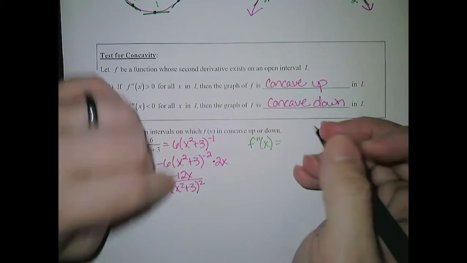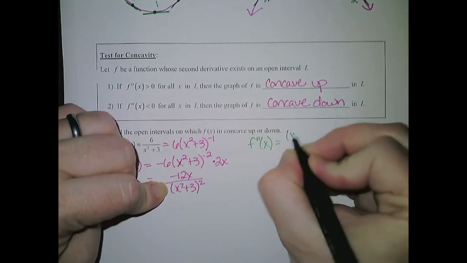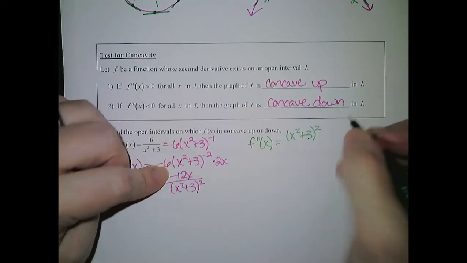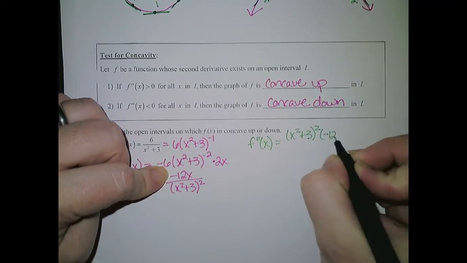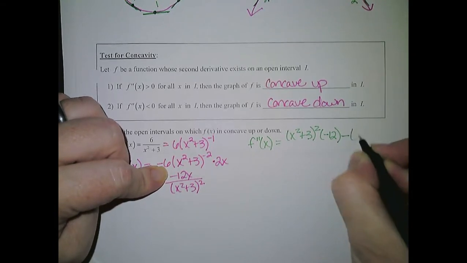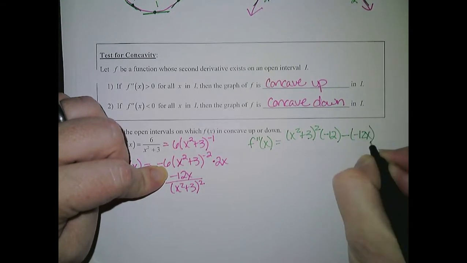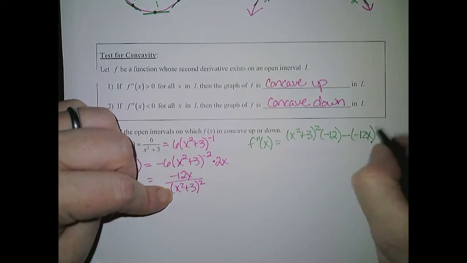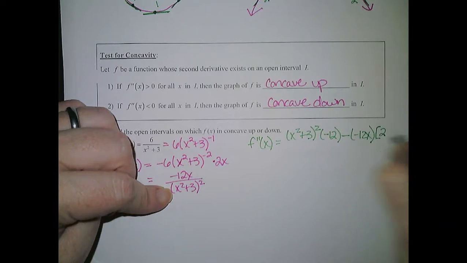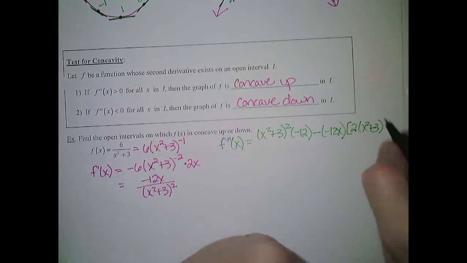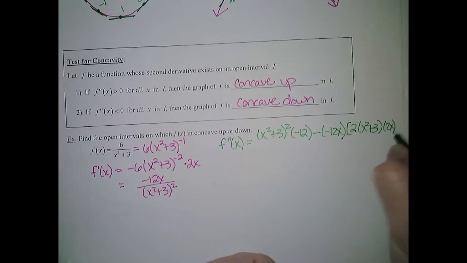So the derivative is going to be low, the bottom, (x squared plus 3) squared, times the derivative of the top, which is negative 12. So low d high, minus high, negative 12x, times the derivative of the bottom, d low, which would be 2 times (x squared plus 3), and then we'd have to multiply that times the derivative of x squared plus 3, which would be 2x.